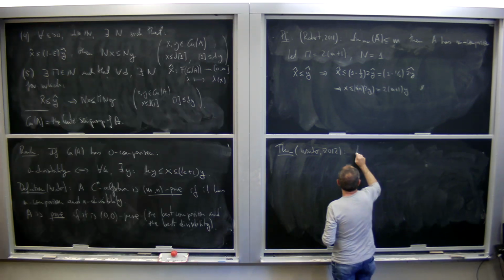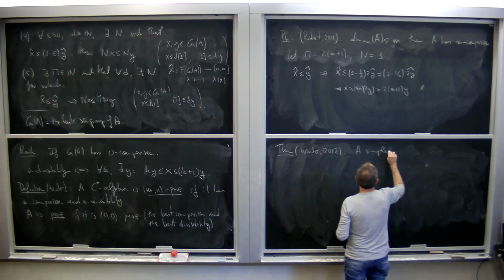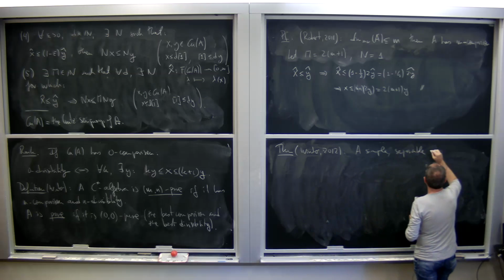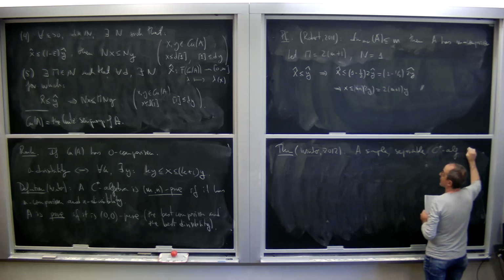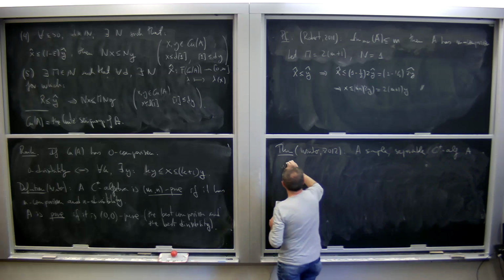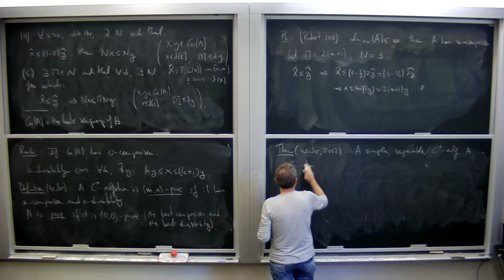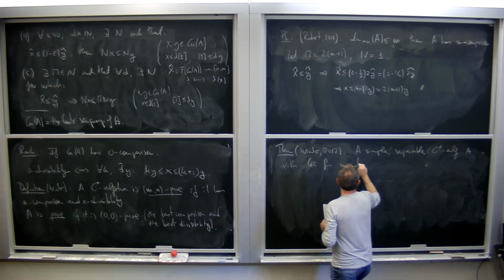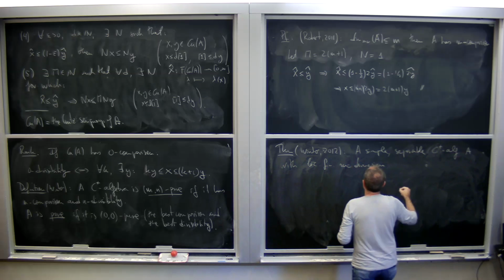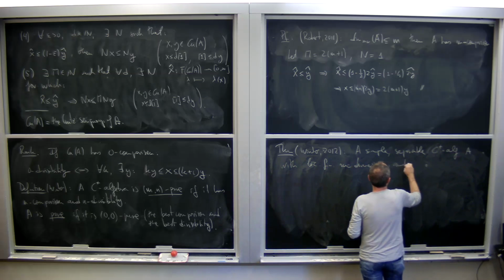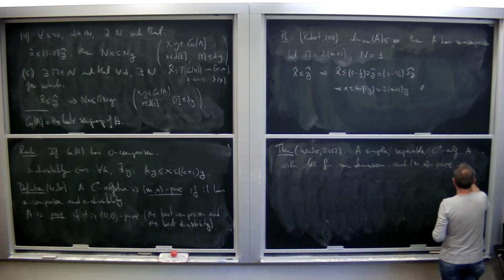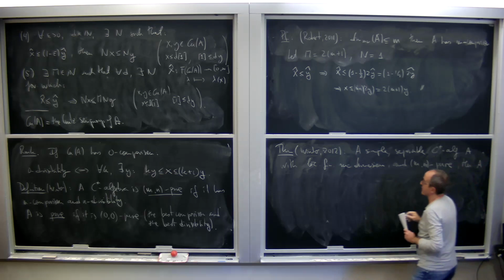In the case you have a simple separable C*-algebra A with locally finite nuclear dimension and Mn pure, then A is Z stable.